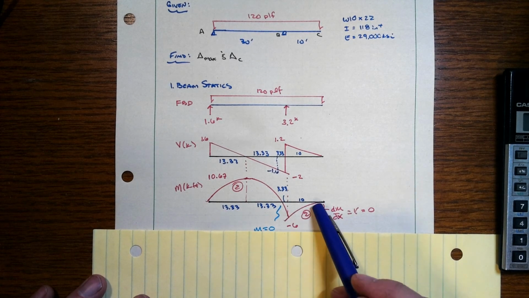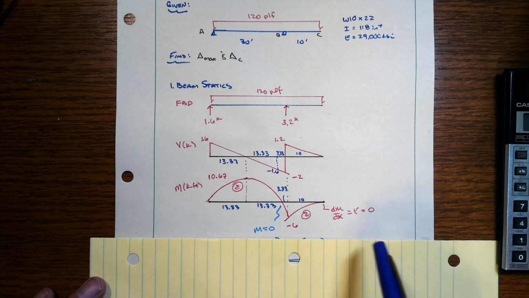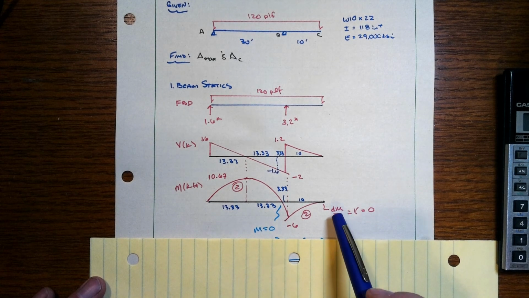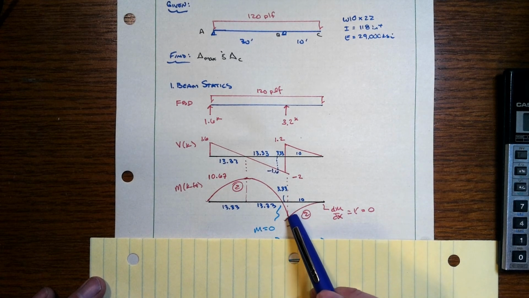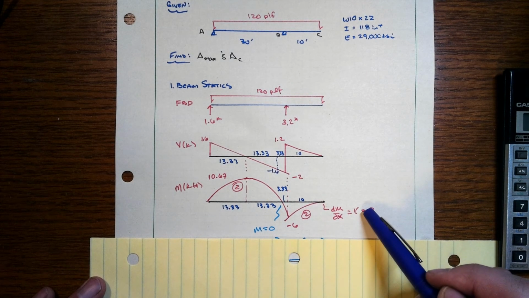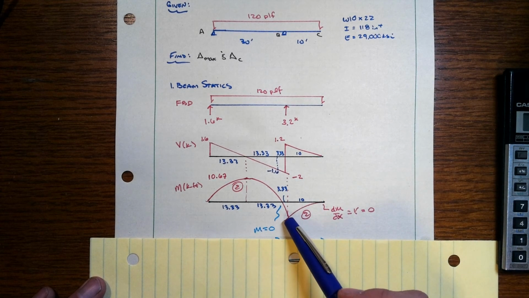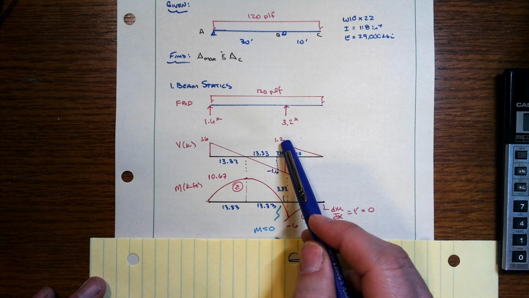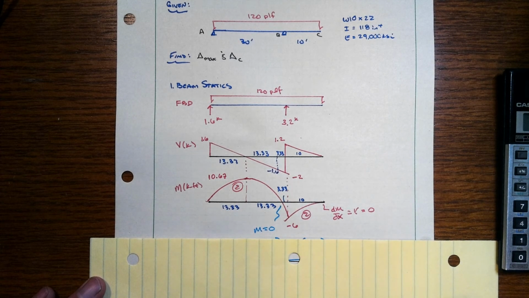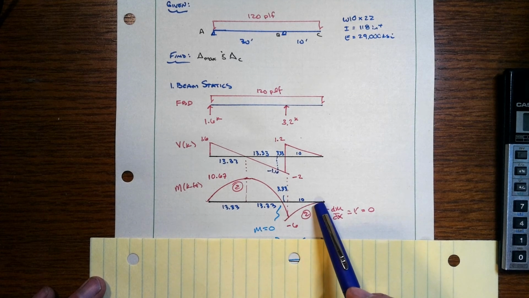It too is a second order function, and a couple of things we need to take note of here: regardless of how we pull out the French curve to draw our little second order curve, we're going to have 0 slope at the right because the shear is 0 right there, and then a big positive slope at the support, or just to the right of the support. That's important to note, that it's going to be a second order parabola, with a vertex over here at the far right.